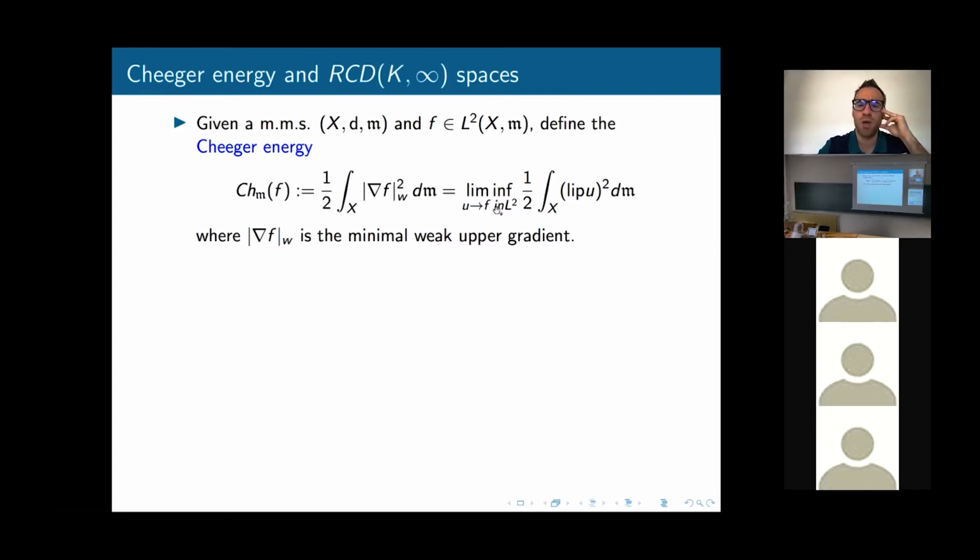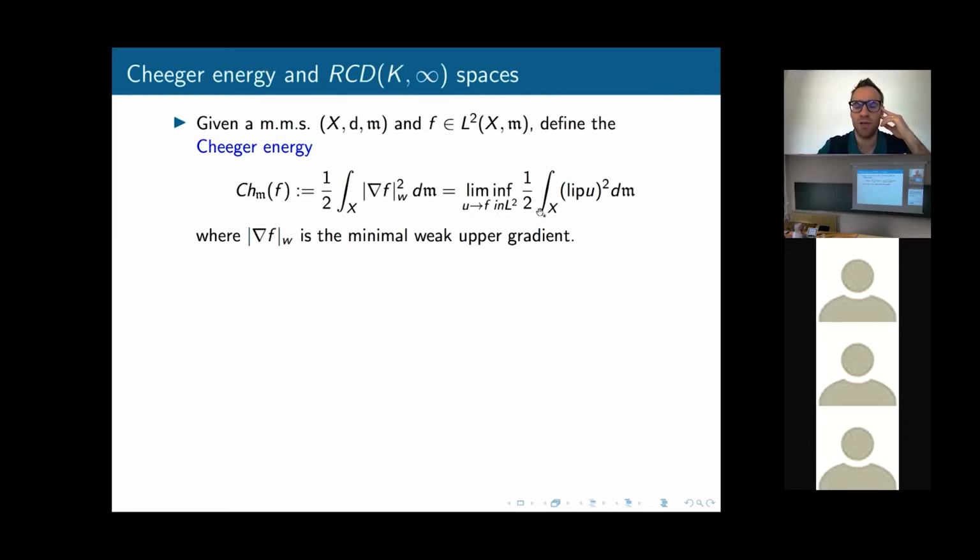What you do is consider all the possible ways that you can approximate your function f with locally Lipschitz functions, and you want to approximate in the L2 topology. So you consider all the possible sequences u_n which are converging in L2 to your function f. For any locally Lipschitz function u, you consider the local Lipschitz constant of this function u.